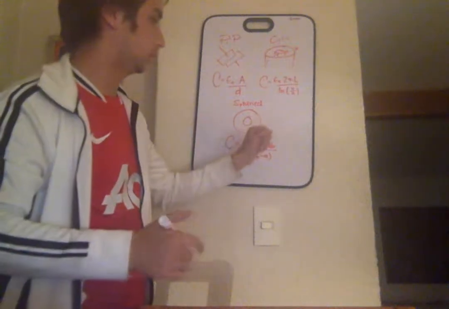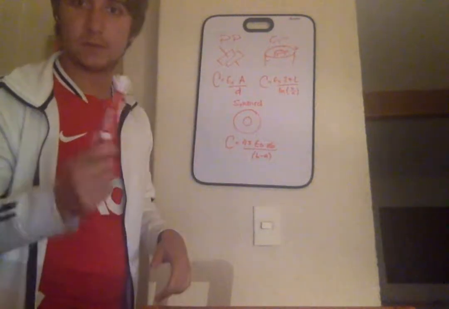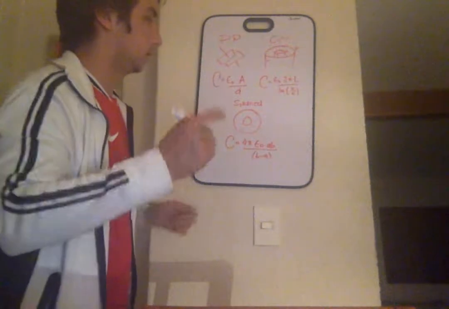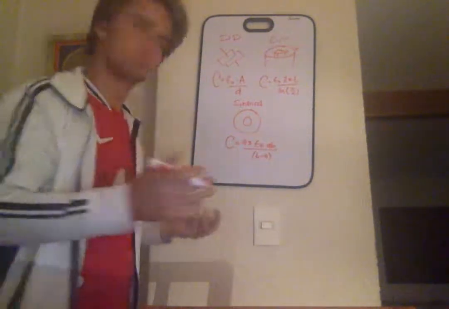This epsilon naught is the epsilon naught for vacuum, and you will normally use something that is called dielectric permittivity.